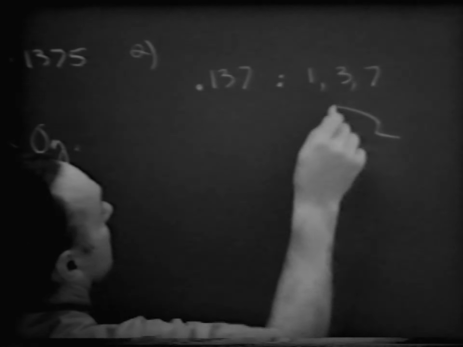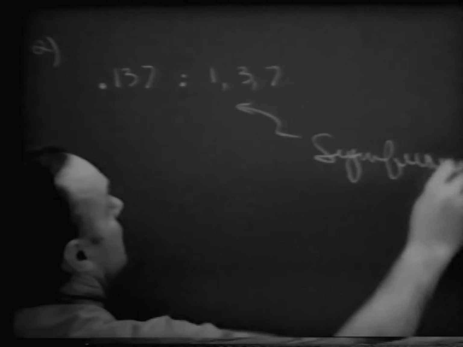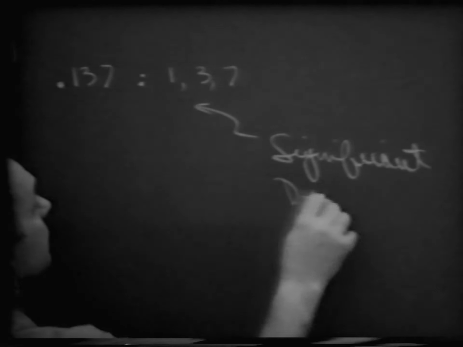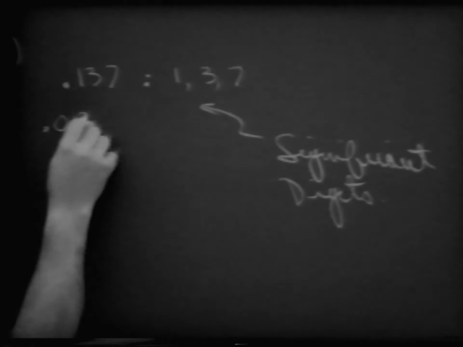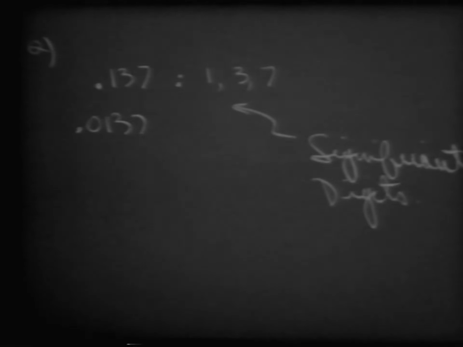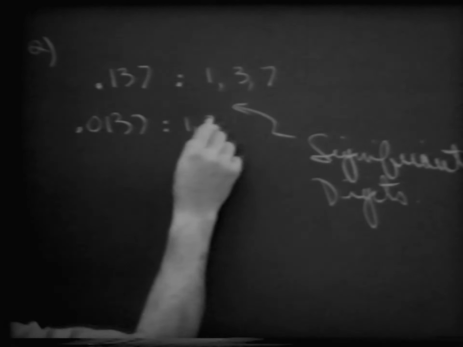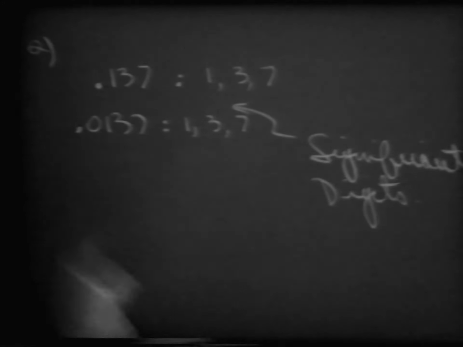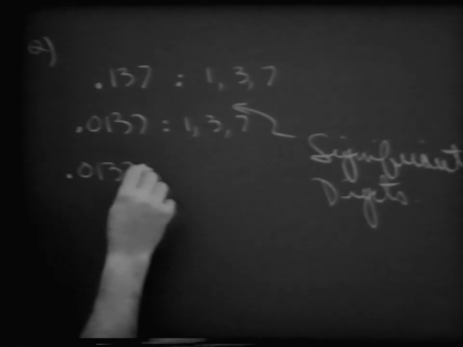So we speak of these as our significant digits. I think this is an idea that you are certainly familiar with. Now, suppose we were to write 0.0137. Is this first 0 a significant digit as we write it? I think we'll all agree that it is not. So our significant digits are still 1, 3, and 7. Suppose we were to have 0.01370.